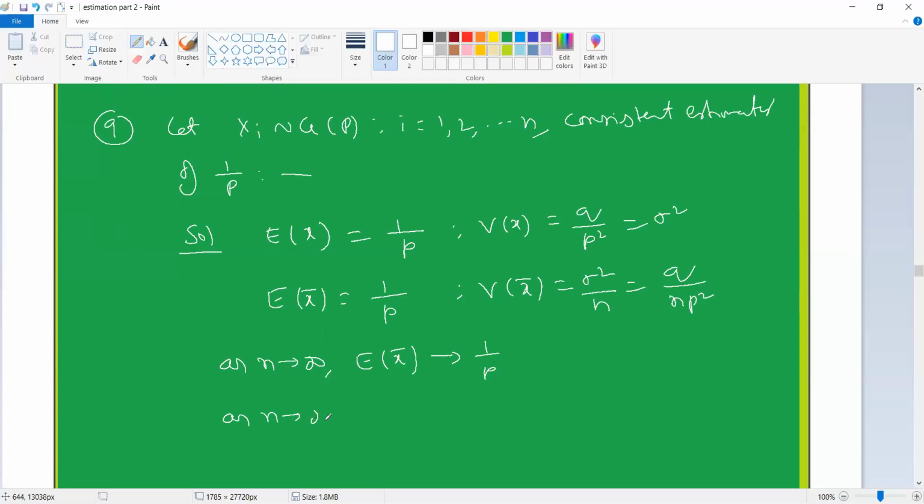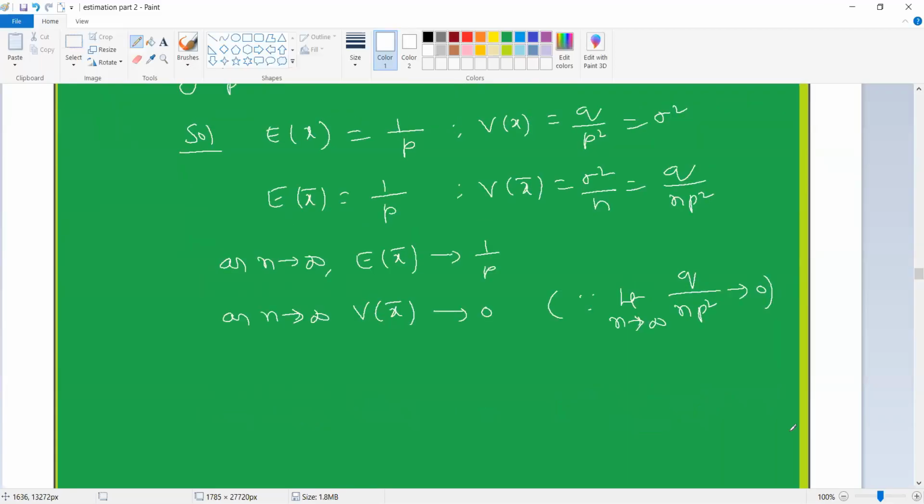As n tends to infinity, variance of x bar tends to 0, since limit n tends to infinity of q by np square tends to 0. Therefore, x bar is a consistent estimator of 1 by p.